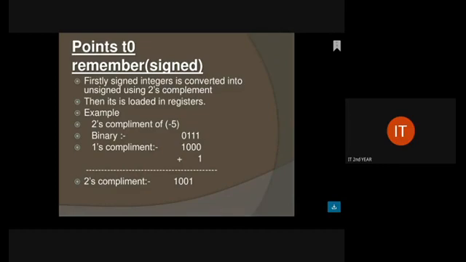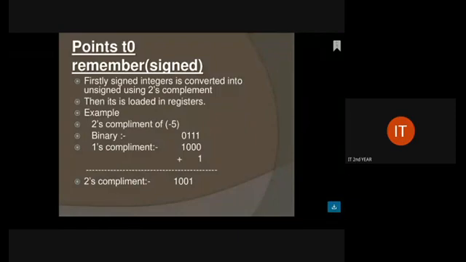For example, if we are dealing with 3 into minus 5 or 2 into minus 5, we can't place the value of minus 5 directly, so we convert it to its binary equivalent, which is the 2's complement of 5.